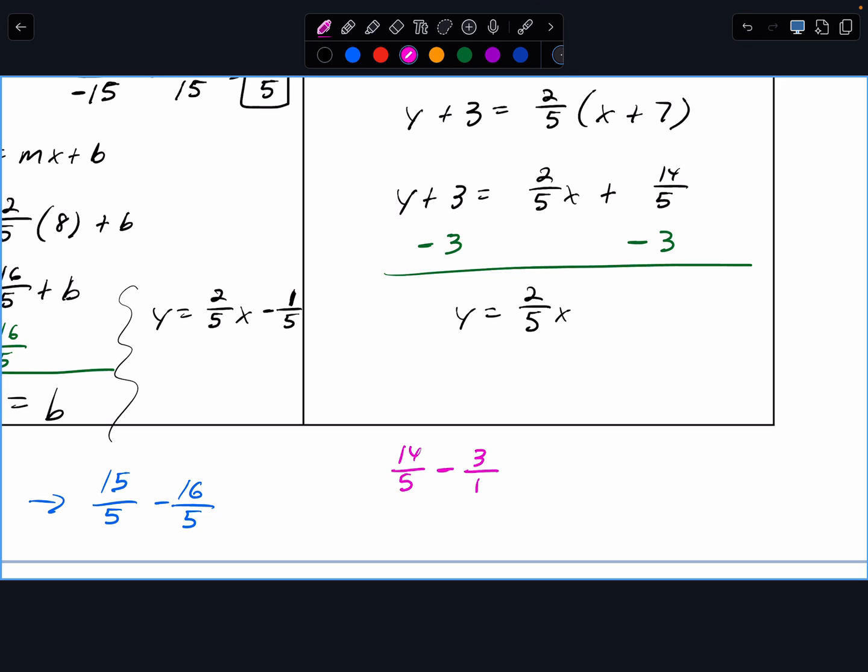We just did this, right, with the 3 over 1. What was the common denominator? It was 5, so times 5 over 5. So I'm going to write 14/5 minus 15/5. What is 14/5 minus 15/5? Negative. Why didn't you change the 14? I don't have to change the numerator on that one because it's already got my denominator. You get the same thing.